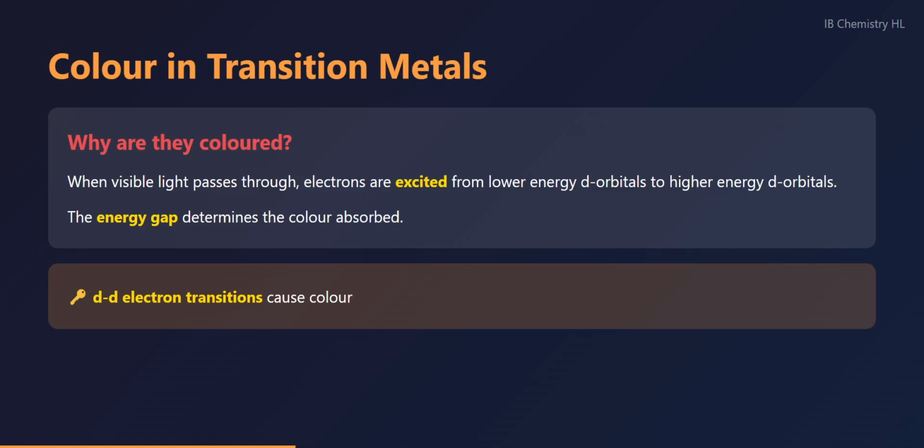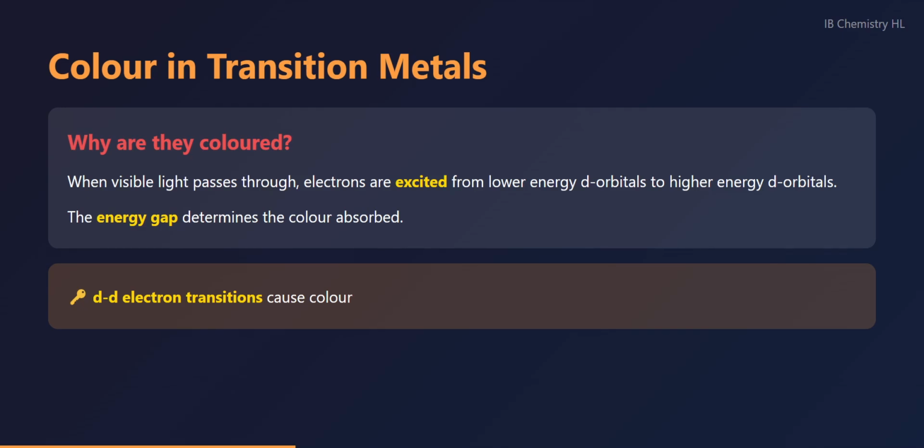Transition metal compounds are often colored due to d-d electron transitions. When visible light passes through a compound, electrons can be excited from lower energy d orbitals to higher energy d orbitals. The energy difference corresponds to a specific wavelength of light, which determines the color we see.